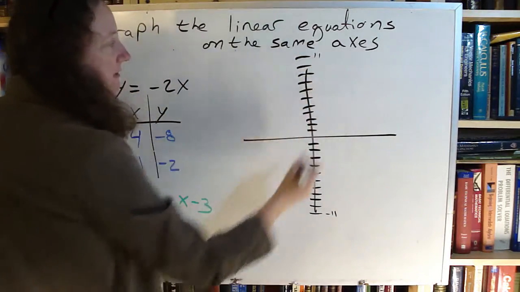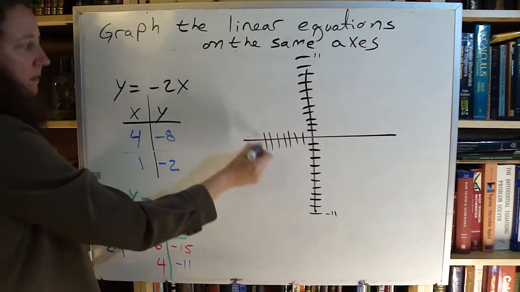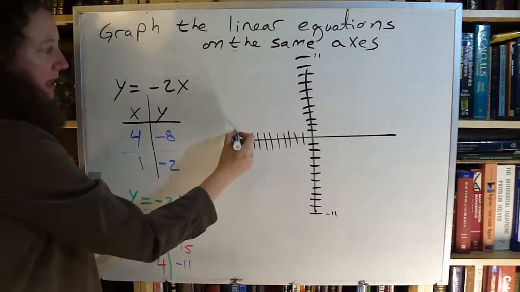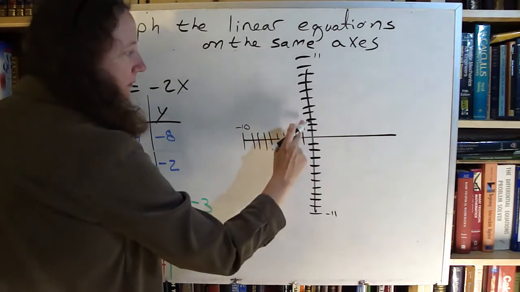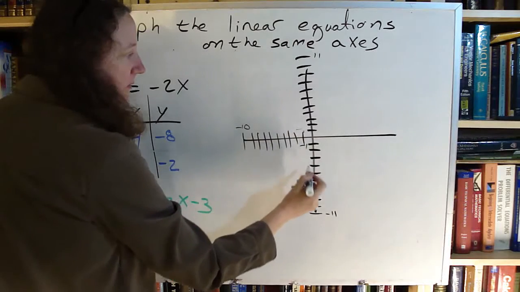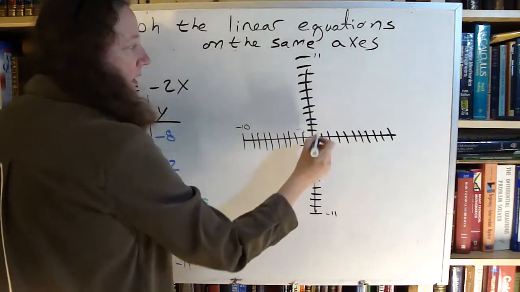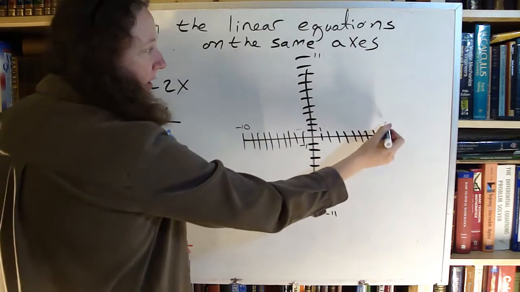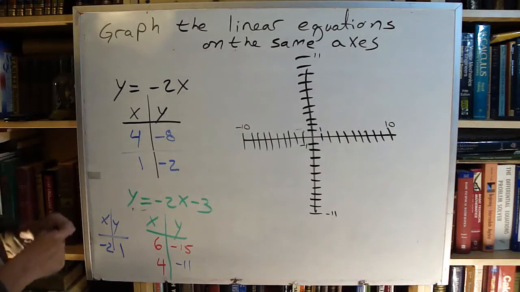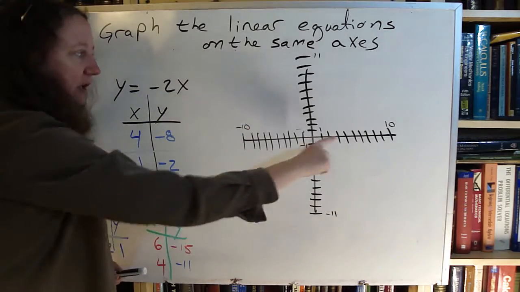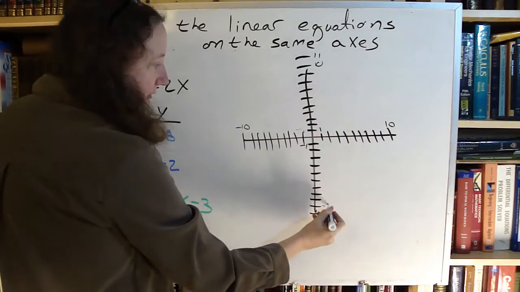That's positive 11 up there. This is negative 10. That's negative 1. That's 1, and that's positive 10. So I counted by ones in each direction. So there is 10 there, there's negative 10 there.